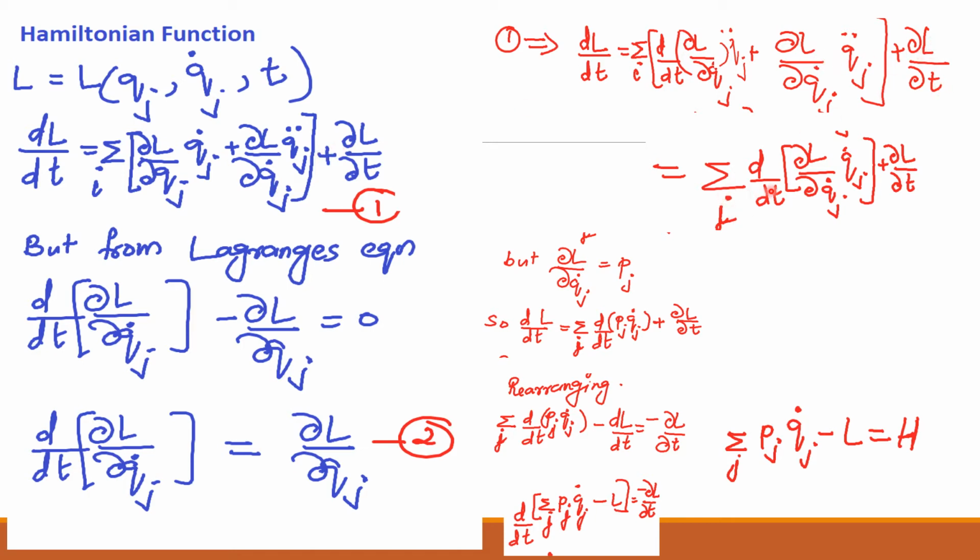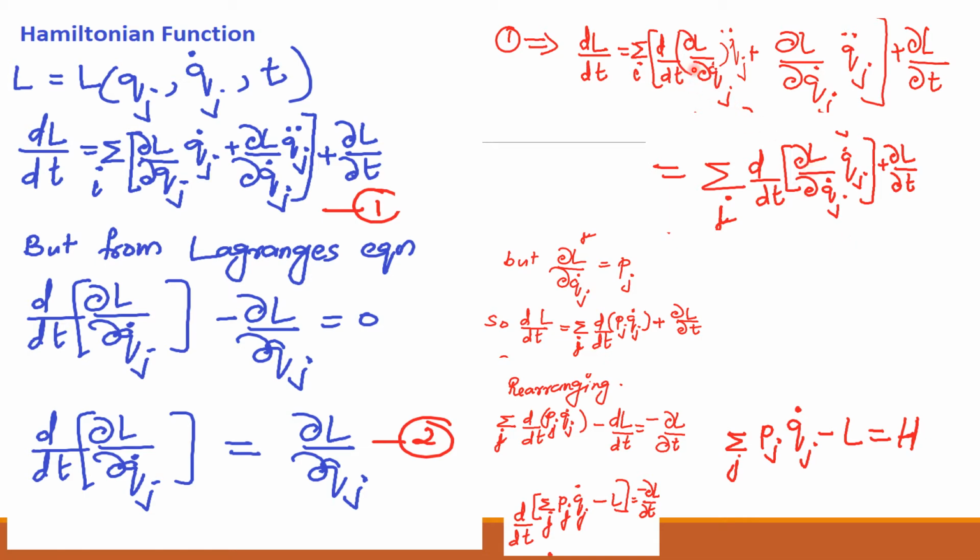This can be simplified by using the product rule: sigma j d by dt of del L by del qj dot times qj dot. This is a product of two functions, uv, so we can apply the product rule for differentiation. d by dt of uv is u times dv plus v times du.